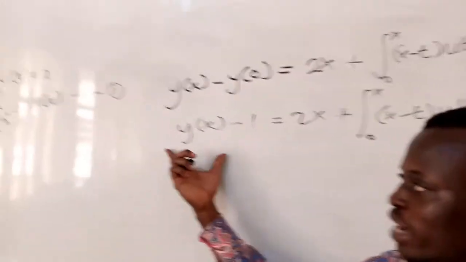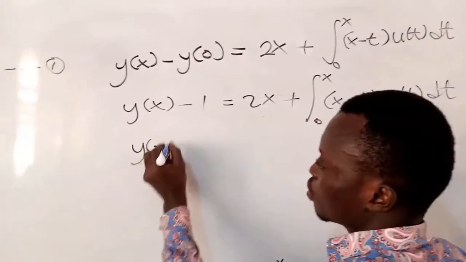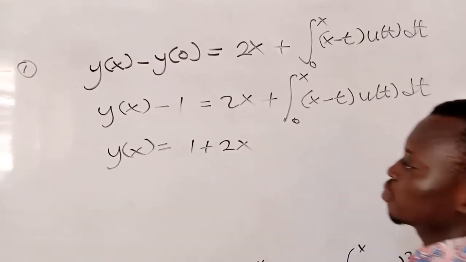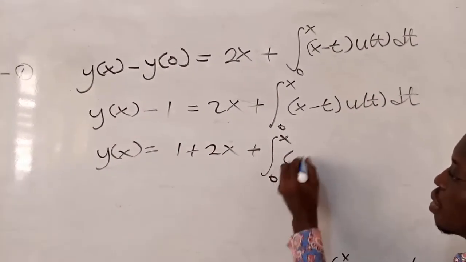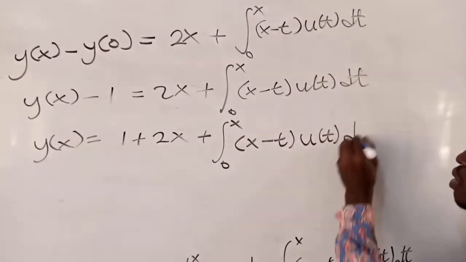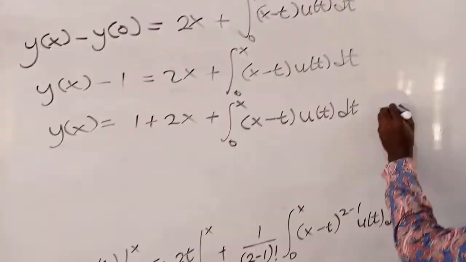Now let's make y of s the subject of the equation. We're going to have y of s equal to 1 plus 2s plus the integral from 0 to s of (s minus t) u of t dt. And let's name this equation 3.